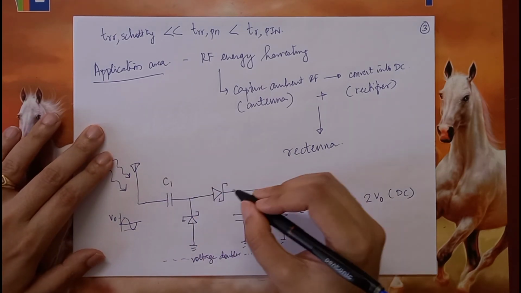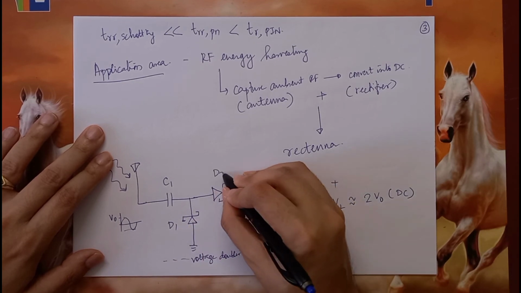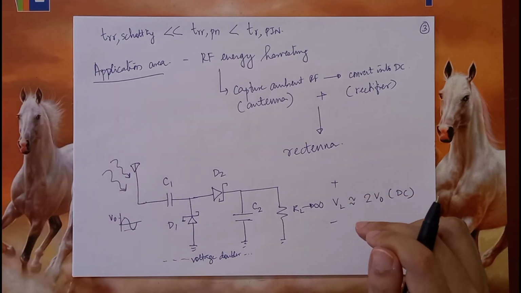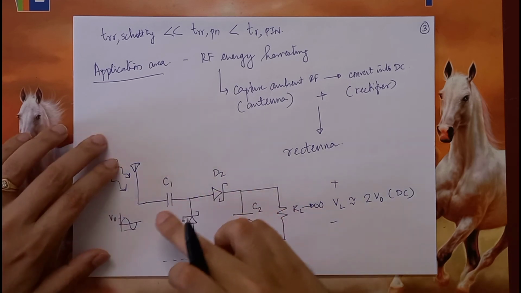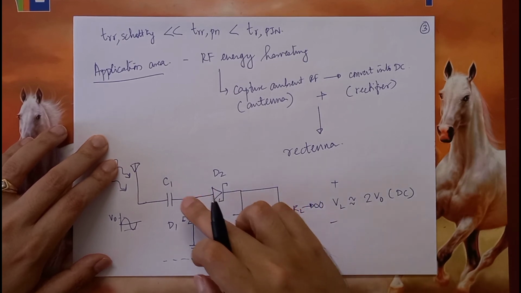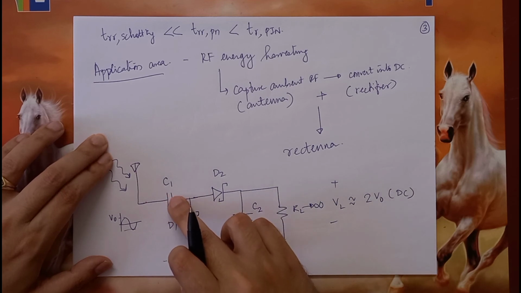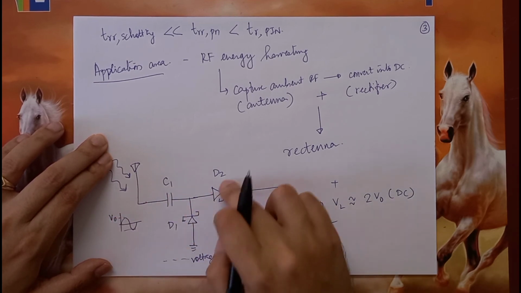So you have a C1, you have a diode D1, you have a diode D2 and a capacitor C2. You will probably already be familiar with the way this works. That is, in the negative half cycle, this diode essentially conducts and charges up the capacitor C1 to ideally V0, if you assume that these two are ideal diodes.